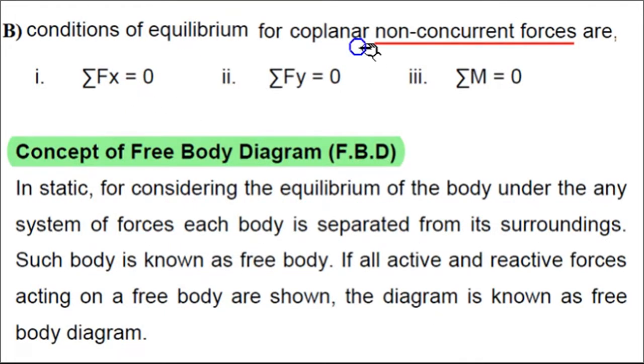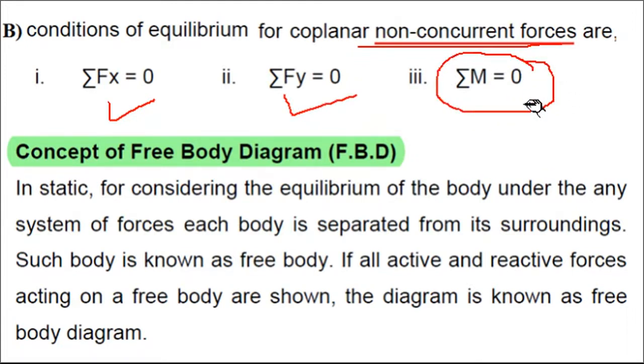Now whenever it is a non-concurrent force system, there are three conditions of equilibrium: Fx = 0, Fy = 0, and an additional condition, that is, summation of moment equal to 0.